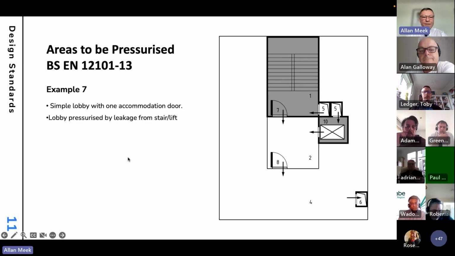We then have example 7, which is a very simple building with 1 accommodation door off the lobby. And in this case, we're pressurizing the staircase again. We're pressurizing the lift shaft, the firefighting lift shaft, and we have air release from the accommodation.